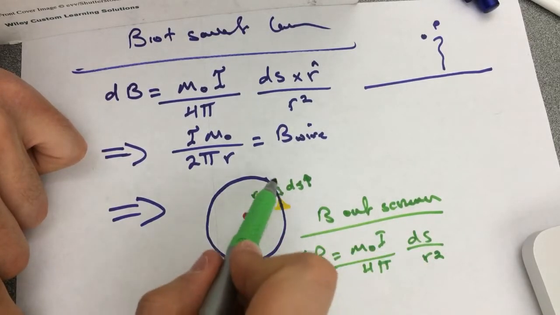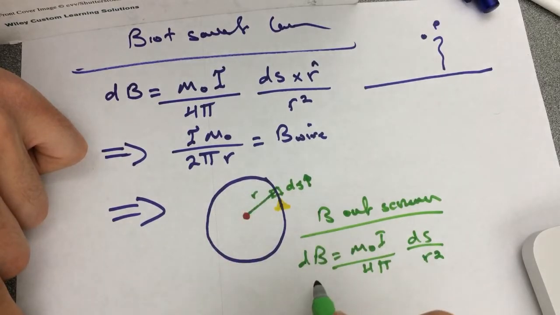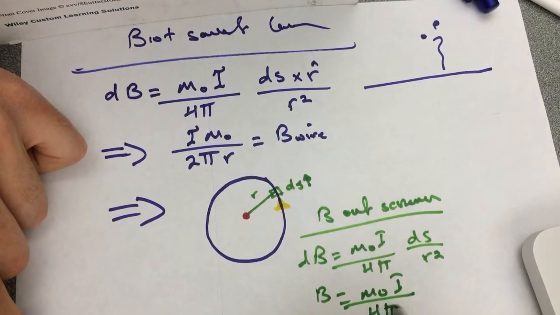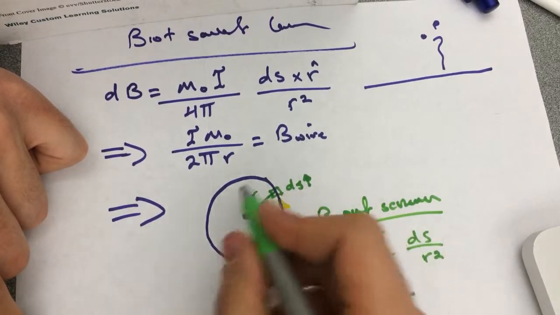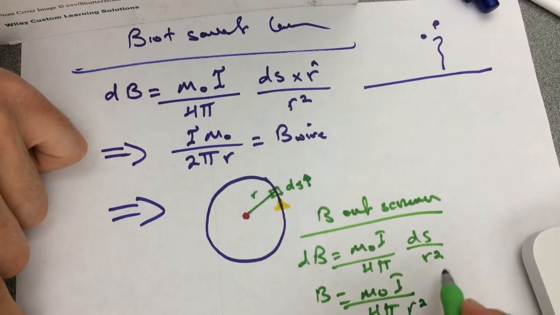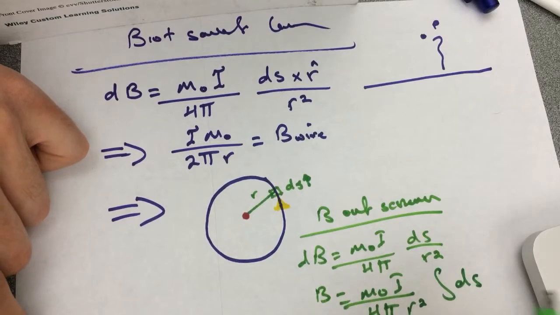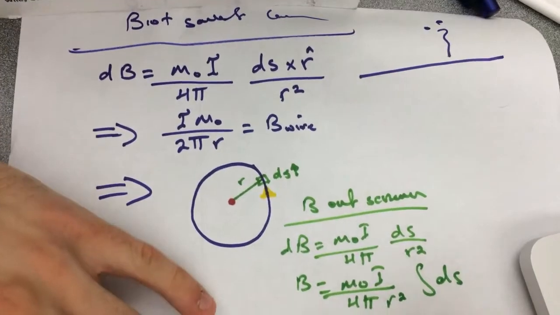So we need to count all the ds's here, so we'll do the integral. The integral of dB is just B, and mu naught I over 4 pi, and the r squared is not changing as we go around the loop, so it goes out of the integral, and then the integral of ds.